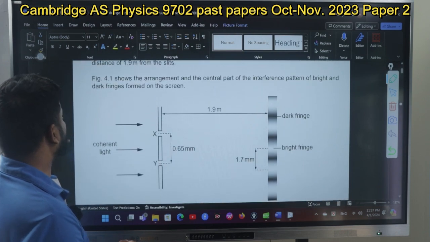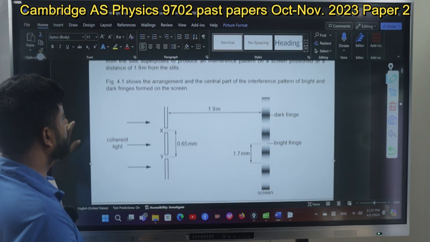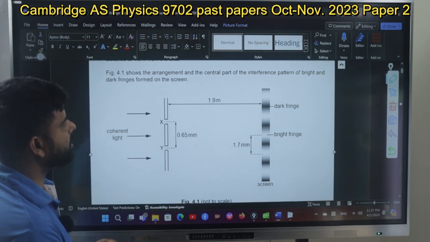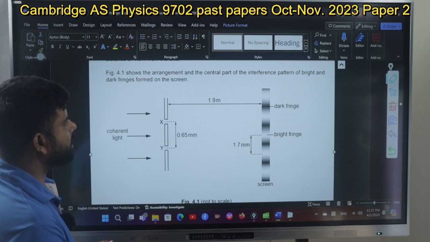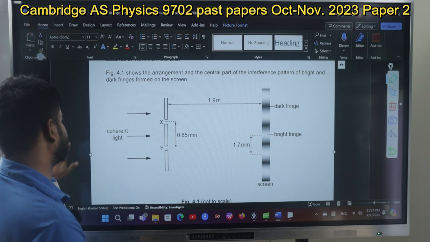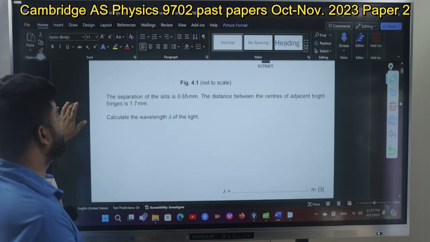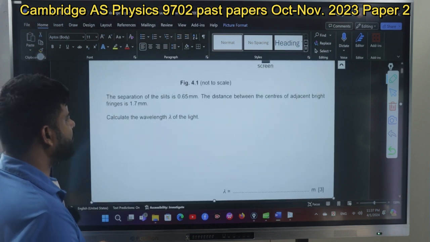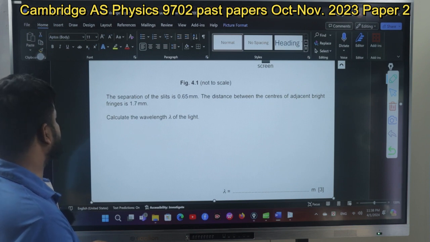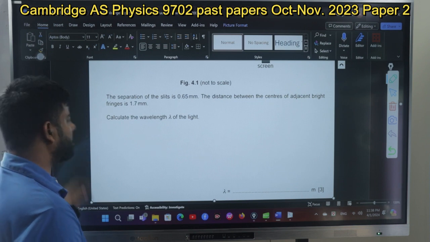Figure 4.1 shows the central part of the interference pattern of bright and dark fringes formed on the screen. The separation of the slits is 0.65 millimeter. The distance between the centers of adjacent bright fringes is 1.7 millimeter. Calculate the wavelength.